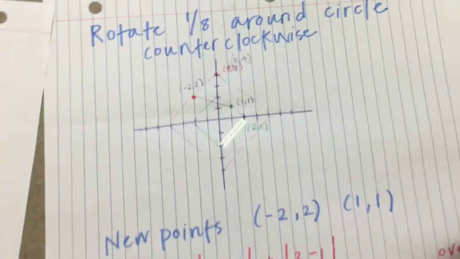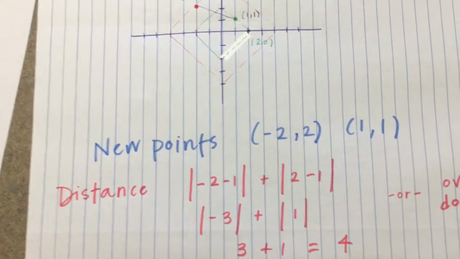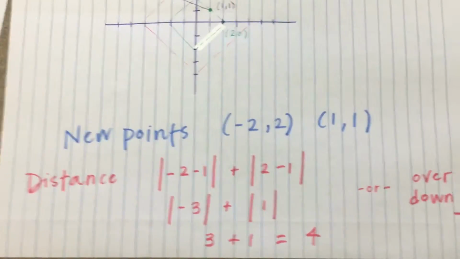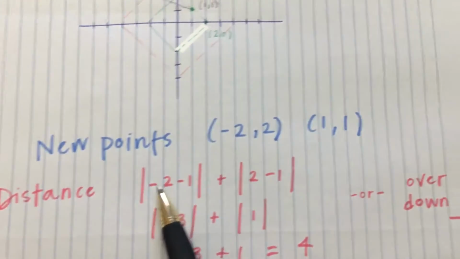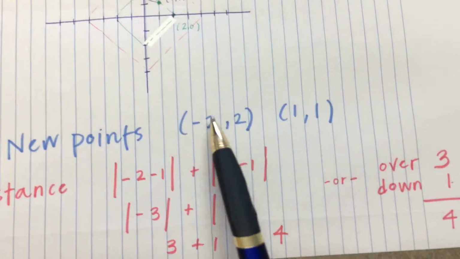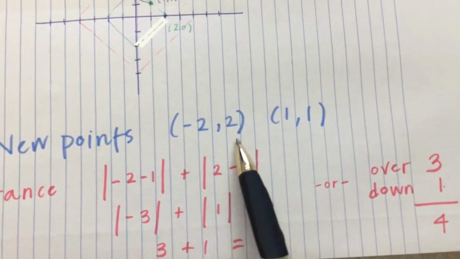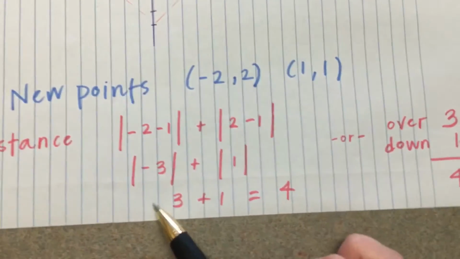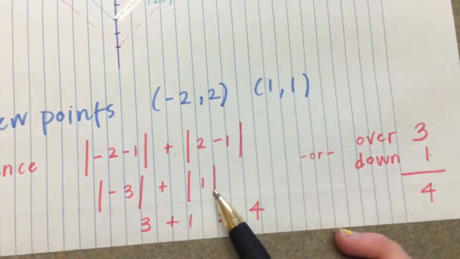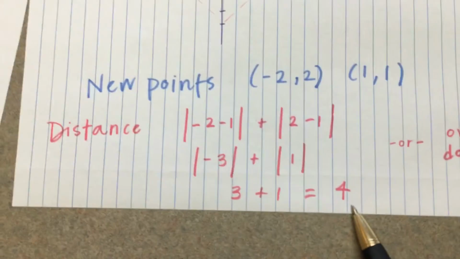So my new points are -2, 2, and 1, 1. To find the distance, I can do a simple equation by subtracting and using absolute values. So I would do -2 minus 1 for the x's, plus 2 minus 1 for the y's. -2 minus 1 is -3, and 2 minus 1 is 1. Keeping those in absolute values, I get 3 plus 1 equals 4.